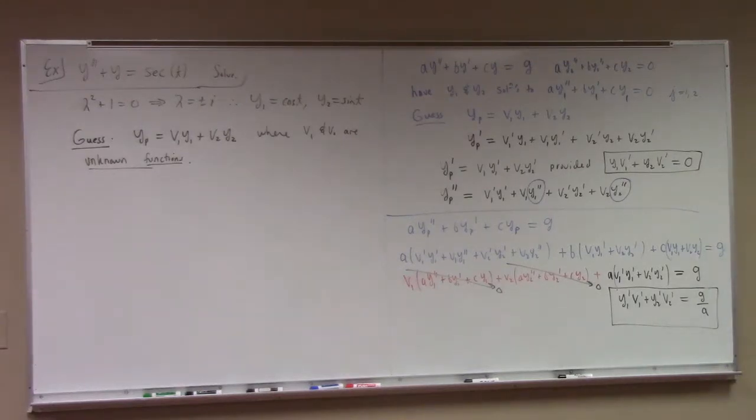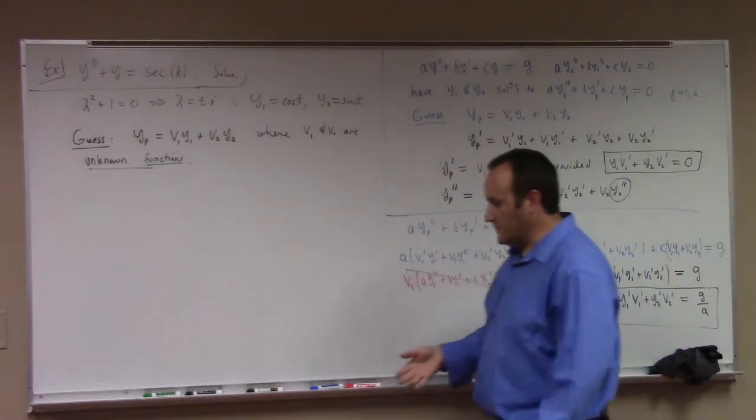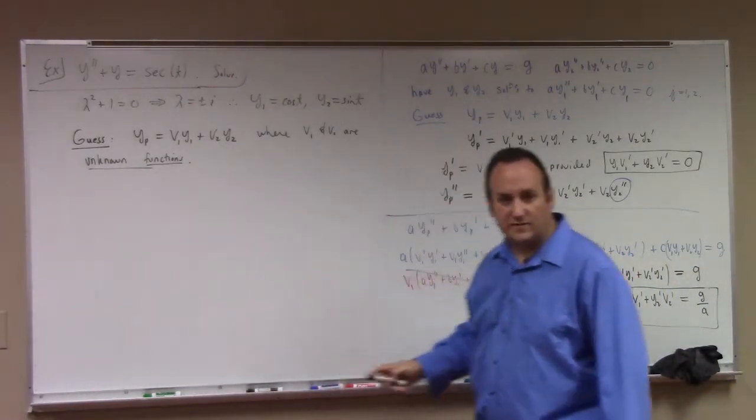I'm trying to find V1 and V2, right? But certainly, if I could find the derivative of V1 and the derivative of V2, that would be pretty close to what I want. If I could find just V1 prime and V2 prime, that would be nearly what I want. Then I could just integrate to finish the job.